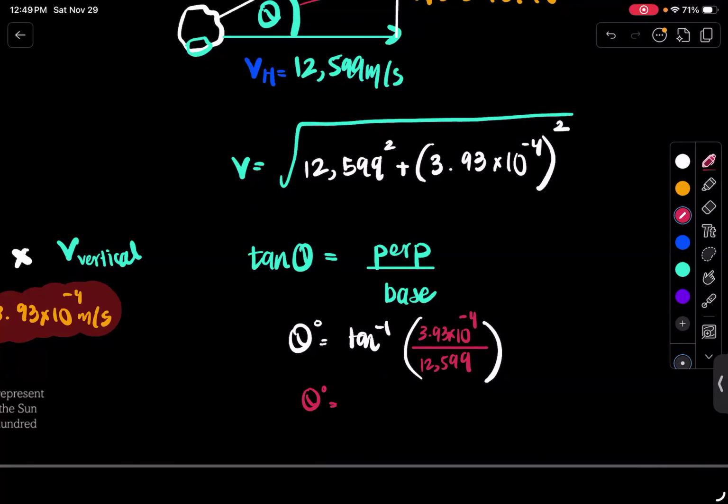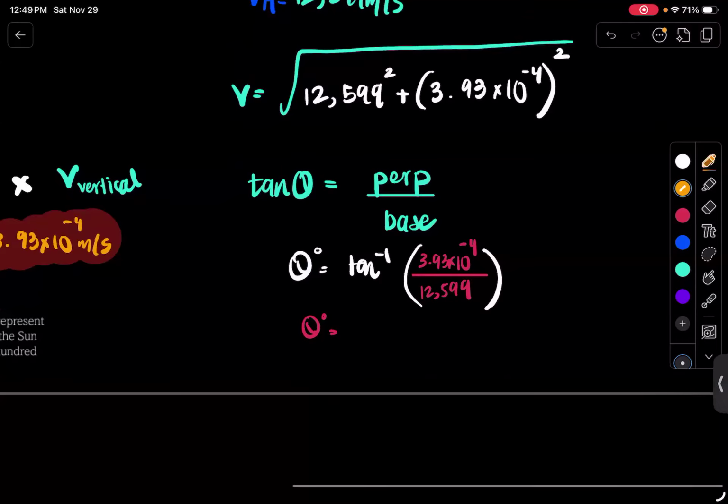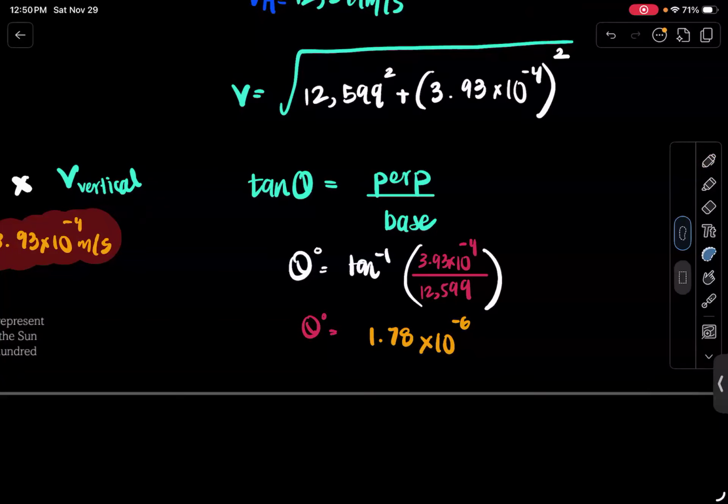Let's calculate what theta is. 3.93 into 10 to the power minus 4 divided by 12,599. So theta is 1.78 into 10 raised to power minus 6. Okay, and that's what theta is.